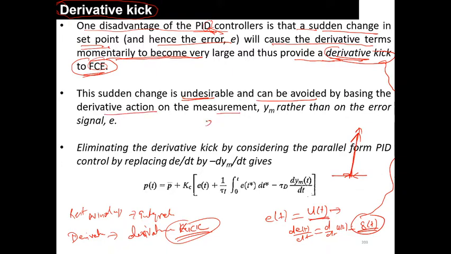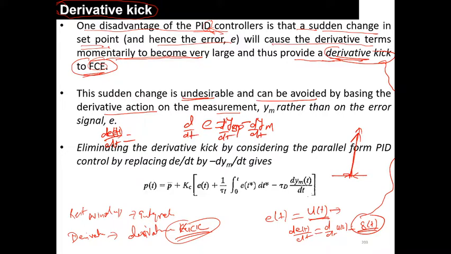Okay, see, error E is nothing but set point value minus measured value. Now take the derivative on both sides. So when we take the derivative, dE by dt becomes what?